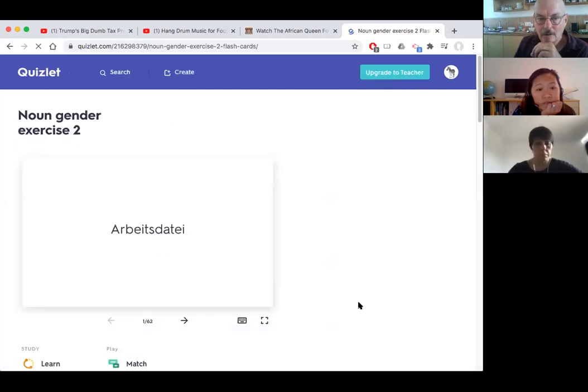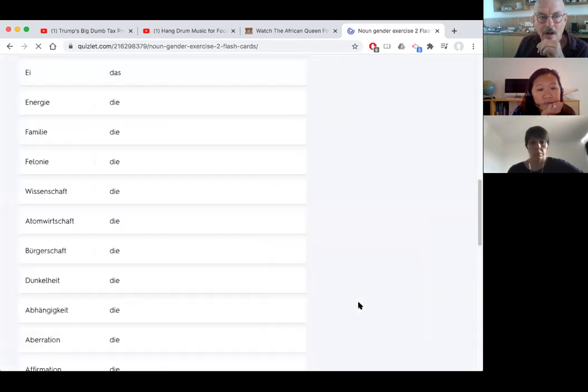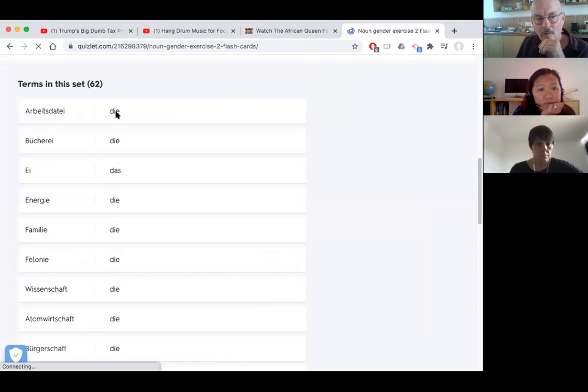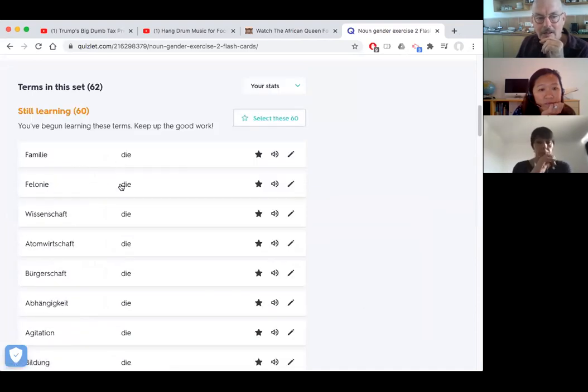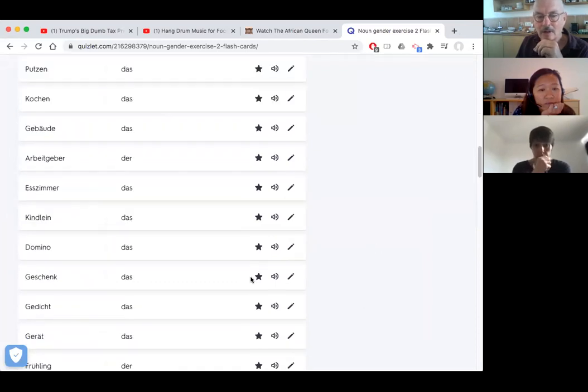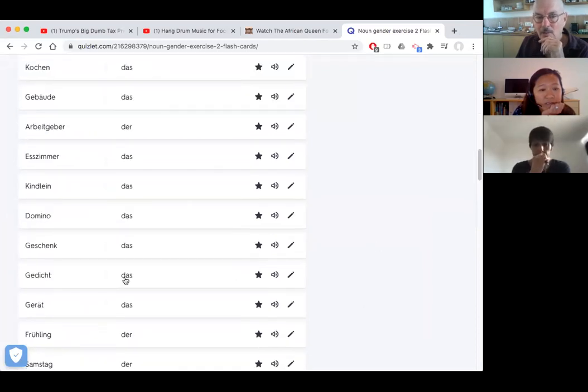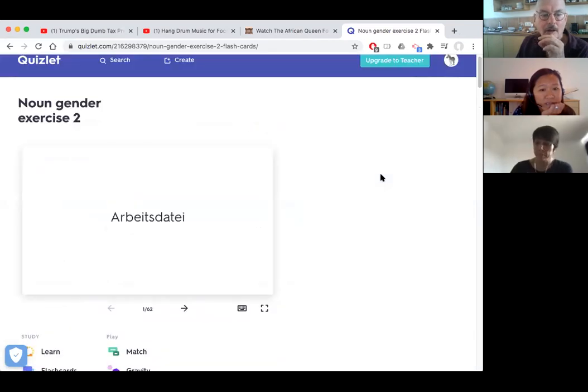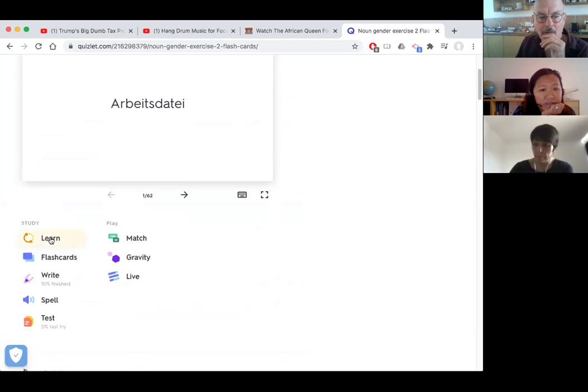So what you do is you go down to see what words are in this. You can see, for Arbeitsdatei, it's D. You just put in D: D, das, or der. That's all you put in. Don't capitalize it. Don't put in any spaces, just that. So if you want to learn it, if you want to play with it, you go learn.